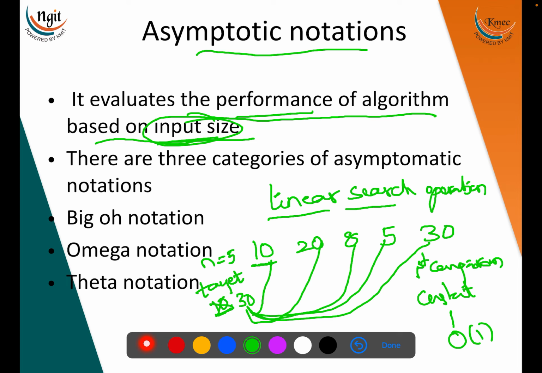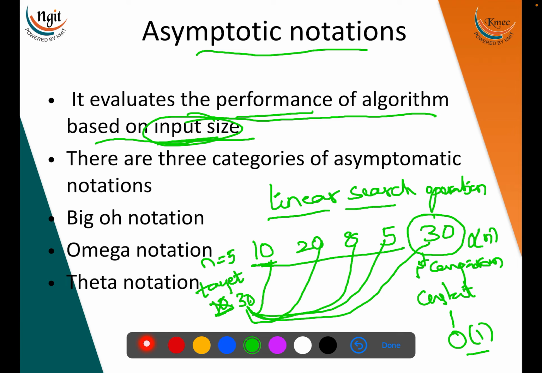That is, to get a successful search operation, we have to go through all these comparisons. So the best case is what? That which takes the lowest time, constant time, big O of 1. The worst case is what? Finding the target element at the last index. That is big O of n.